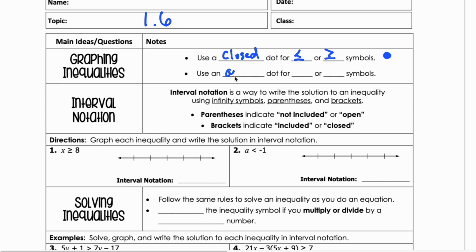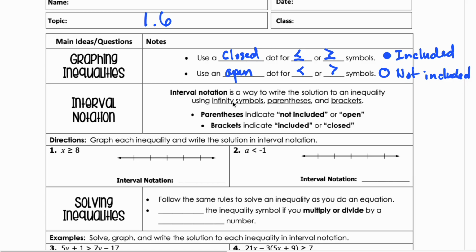And we are going to use an open dot for anything without that equal to, just the less than symbol or greater than symbol, and that's going to look like this. Okay, so the closed bubble means that it is included. You want to write that down. And then the open bubble means it's not included.